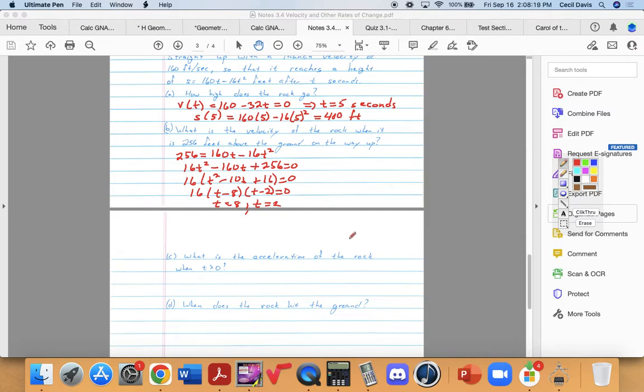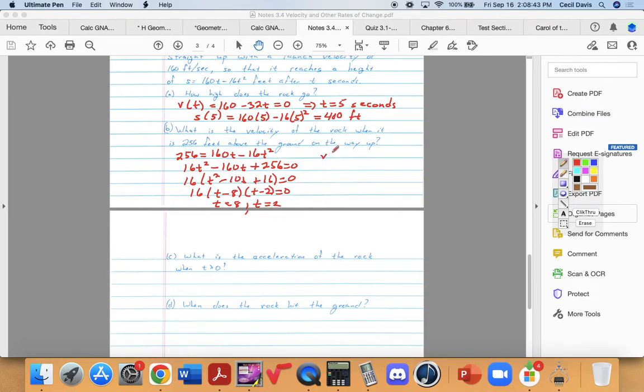Which one of those is on its way up? 8 or 2? Because at 5 seconds it changes direction. At 5 seconds it changed directions and started coming back down. So it's got to be at time t is equal to 2.